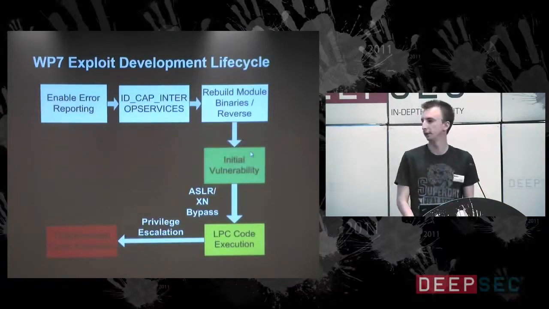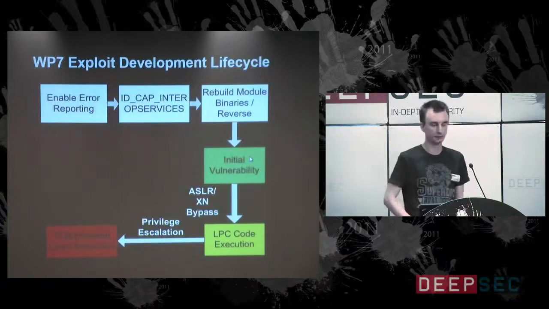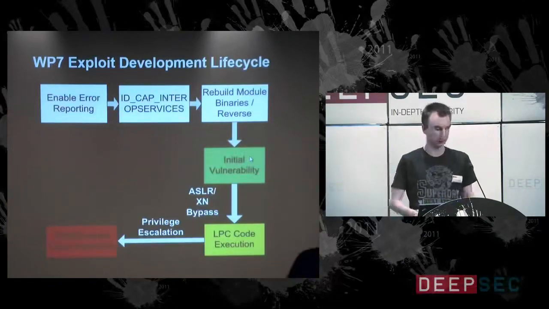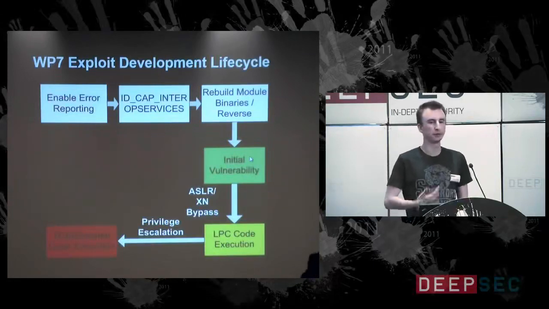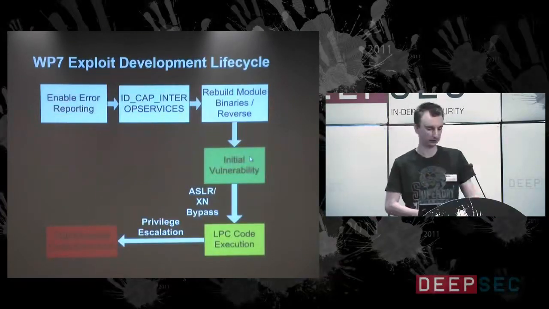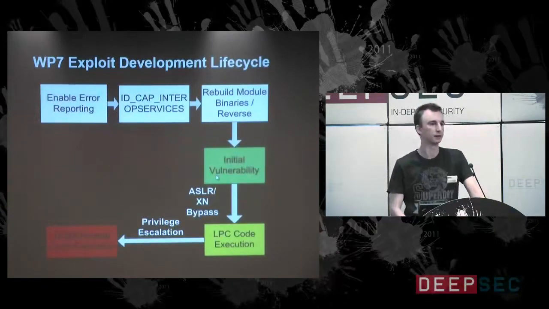At this stage, you really want an initial vulnerability, some way to get code execution on the phone. So you might find a vulnerability, for example, in the web browser. But even if you gain control of the program counter, the instruction pointer, the instruction which is going to be next executed, you still have to bypass the ASLR and non-executable memory protection as well.